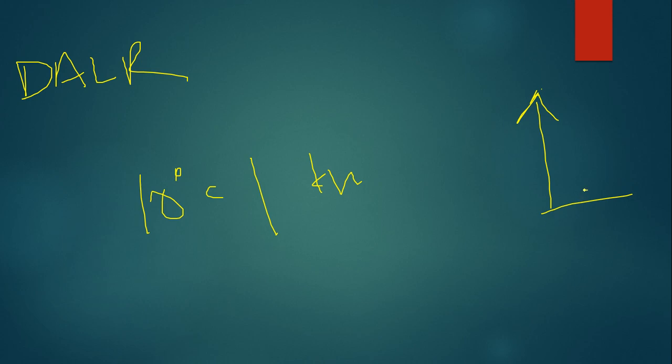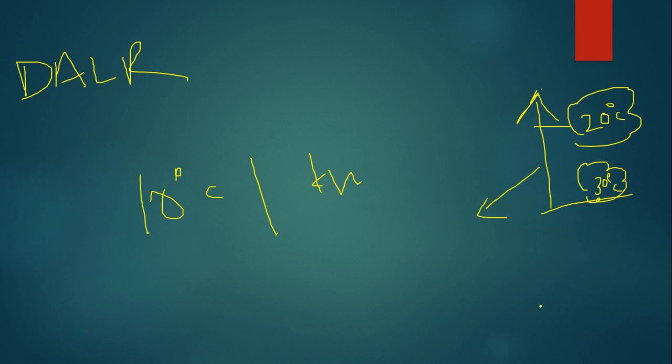So at the ground surface, if the parcel of air has a value of 30 degrees C, then if you move up 1 kilometer, the temperature of that parcel of air will become 20 degrees C. That rate, 10 degrees C per kilometer, is known as the dry adiabatic lapse rate.